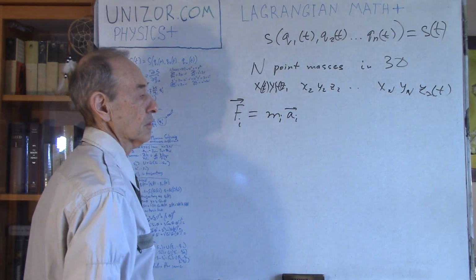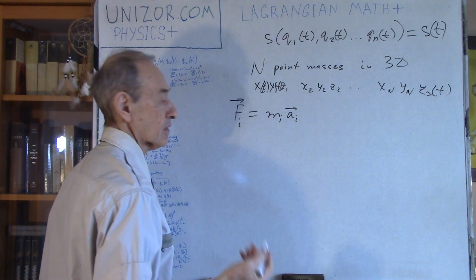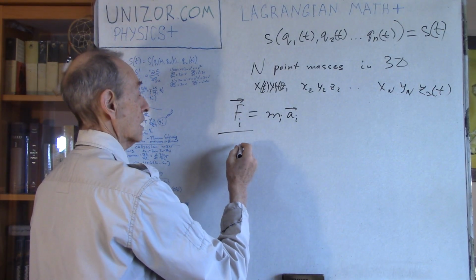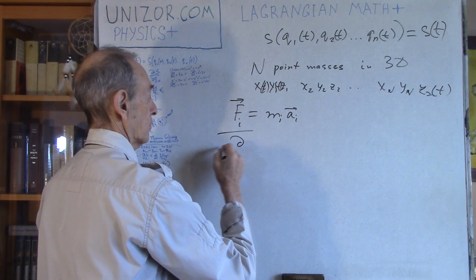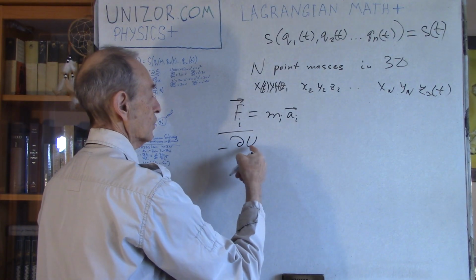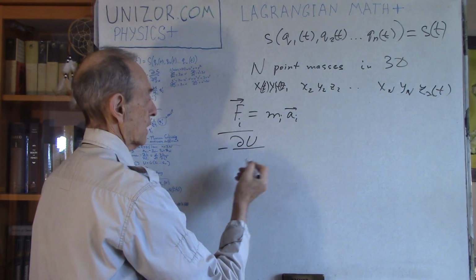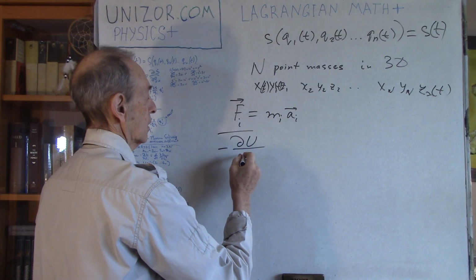Now we are talking about conservative systems, when F can be basically divided into minus dU by dxi, minus dU by dyi, and minus dU by dzi, where U is the total potential energy of the system, obviously depending on time.